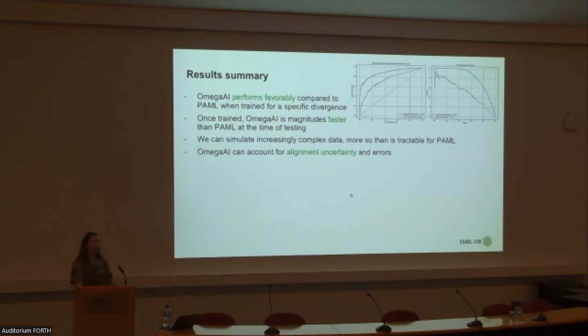But through CNNs, we have the ability to simulate increasingly complex data to better mimic real life data above that, which will eventually be too much for likelihood methods as it currently stands. And also, we've shown that Omega AI seems to be able to account for some amount of alignment uncertainty.